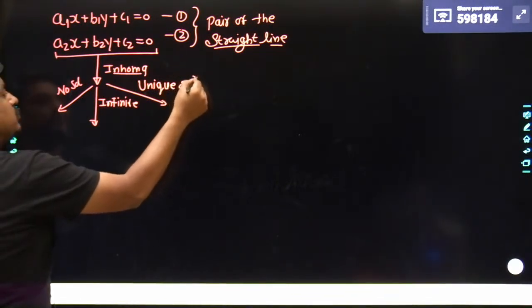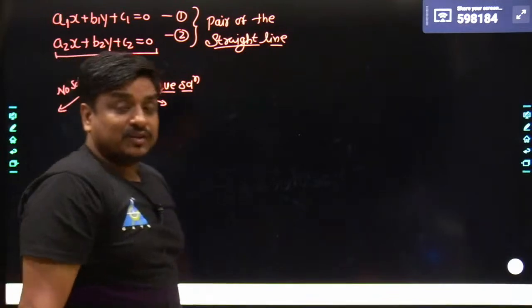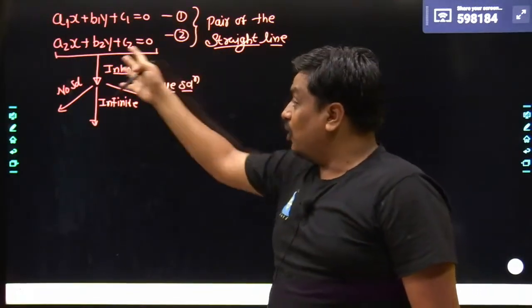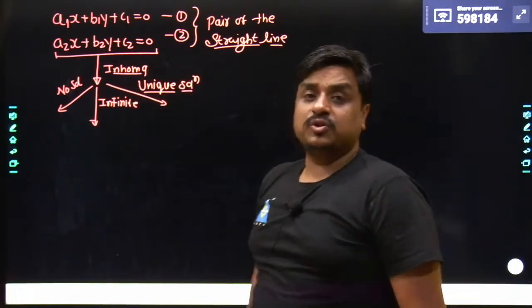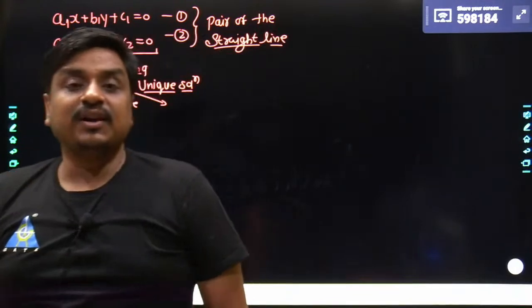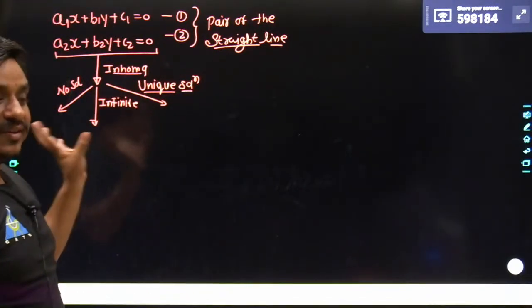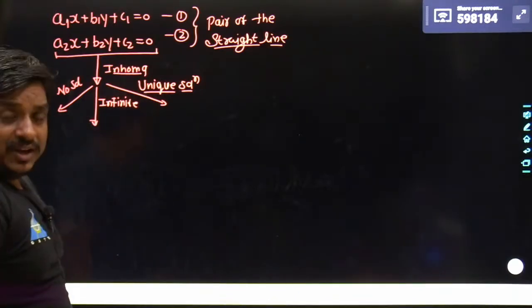Tell me, what are the different relationships that must be followed by the coefficients of both linear equations to fall under the no solution case, the infinitely many solutions case, and the unique solution case? Probably you studied this in class 9th and 10th, so you can recall it. What does no solution mean?